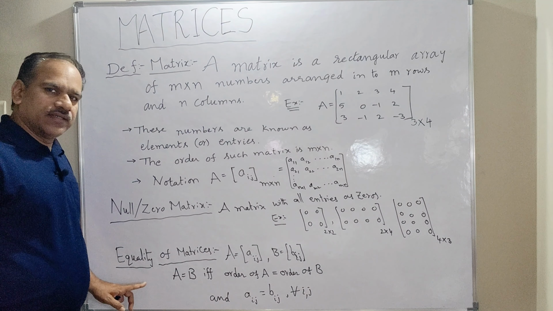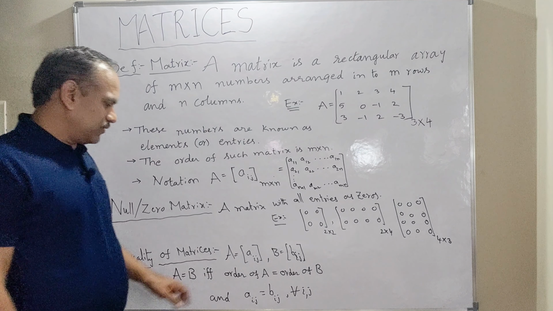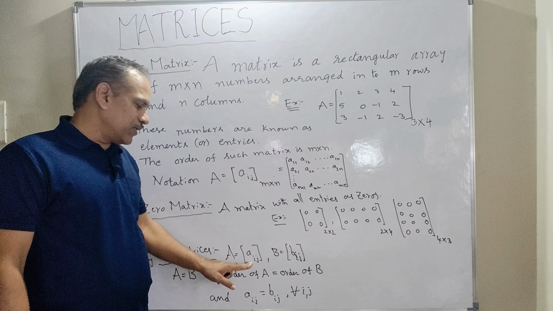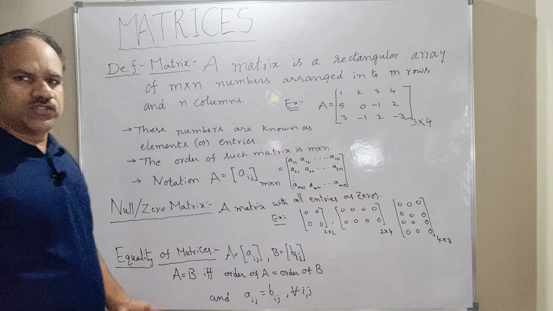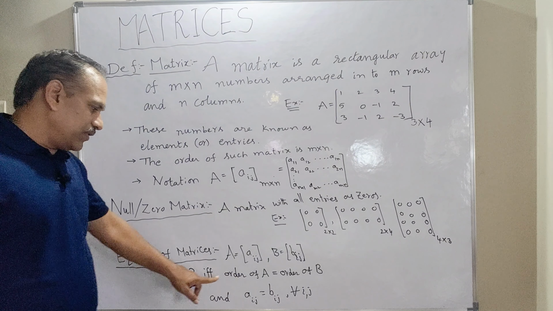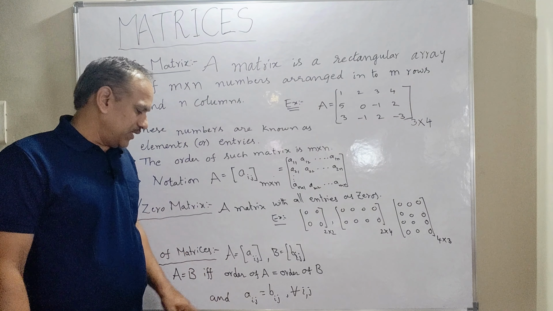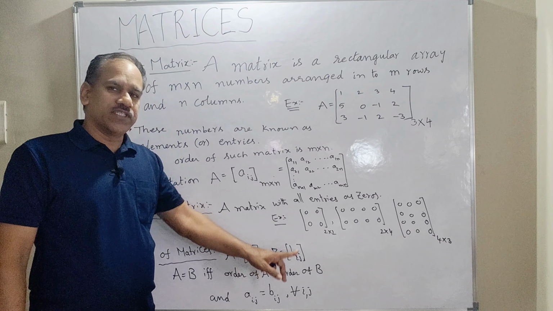And when do you say two matrices are equal? So, equality of matrices. Suppose you take two matrices A equal to Aij and B equal to Bij. A equals B if and only if these two conditions are satisfied. The order of the matrix A and order of the matrix B must be the same.